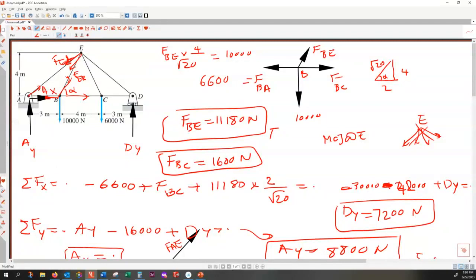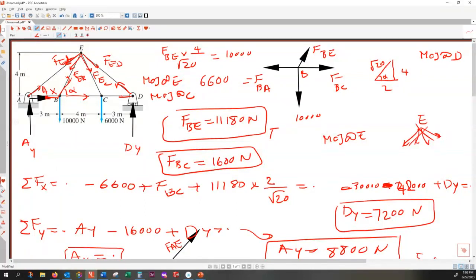And then if you apply method of joint at E, there will be only two unknowns, FEC and FED. So this is solvable. And finally, when you get to point D, all forces are known. Or maybe before that, the next step would be method of joint at E. The next step would be method of joint at C. And finally, when you get to method of joint at D, you already know all the numbers.